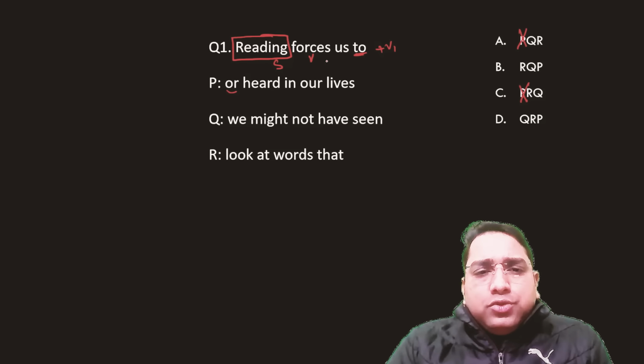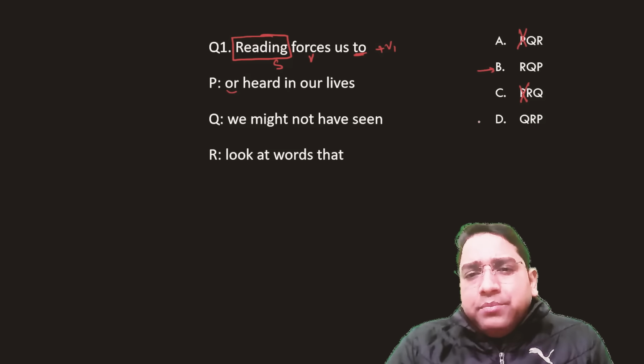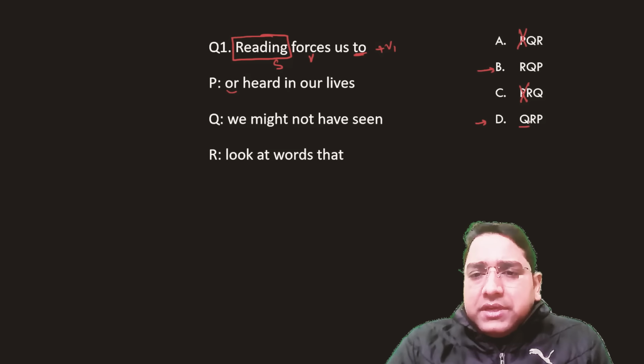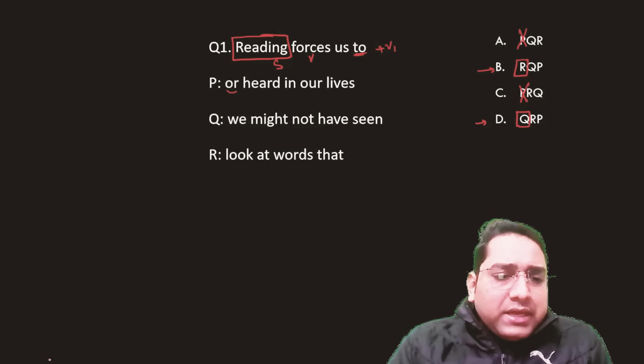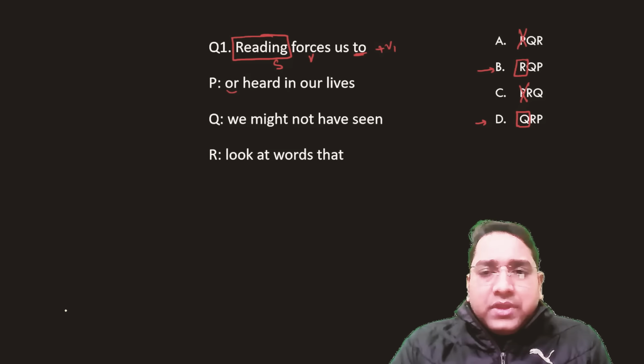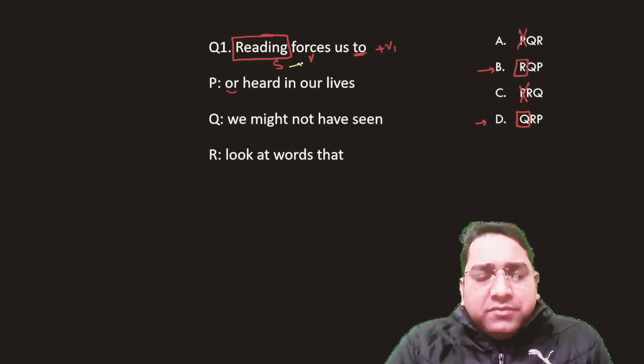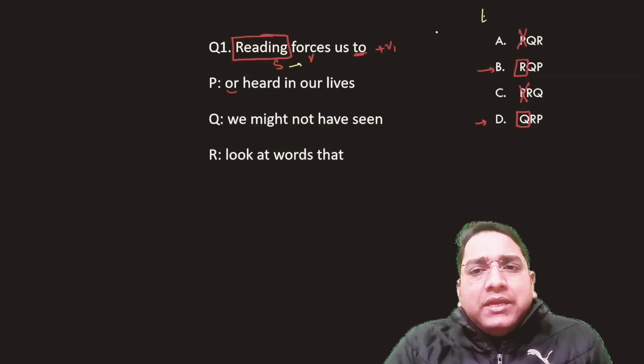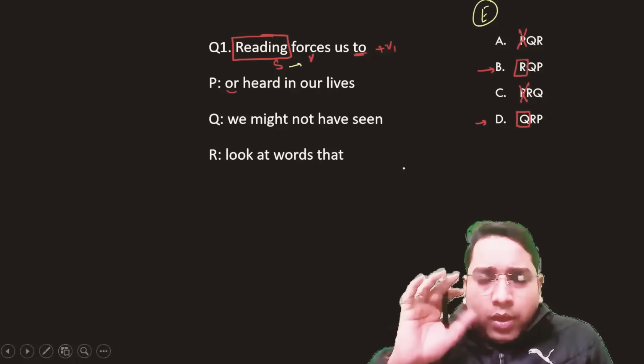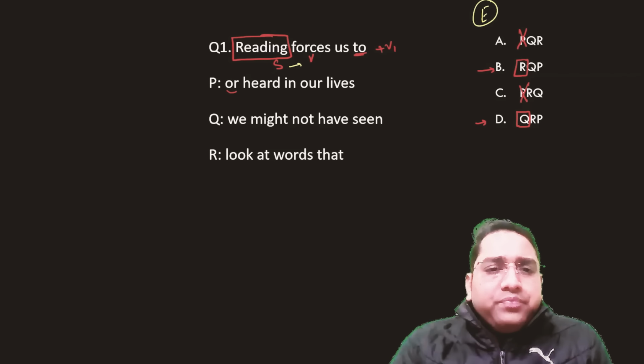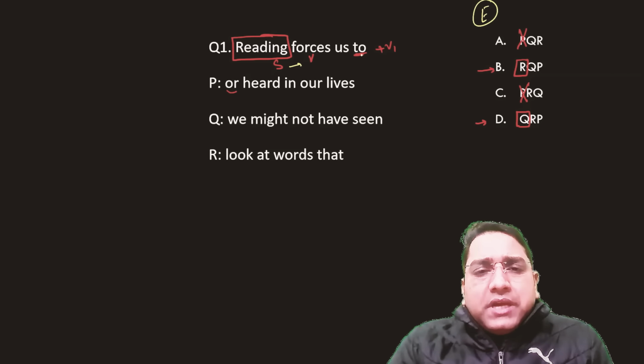Reading forces us to or heard. No, it doesn't make sense. So we are left with B and D options. That means the line will start either from Q or R. So now it has become the simplest thing. What did I do? First, I found the subject-verb pair. Then I eliminated two options, right? Reading forces us to we might not.